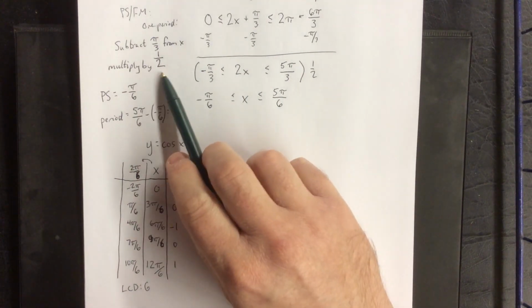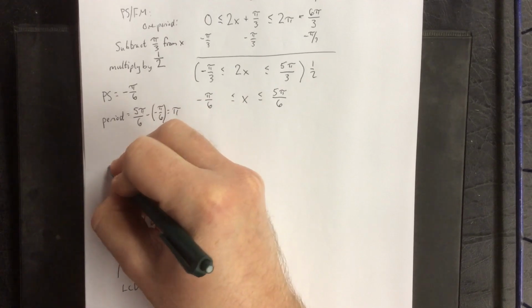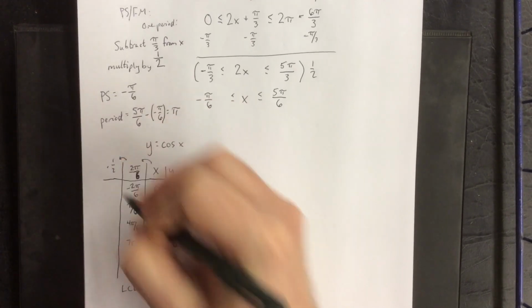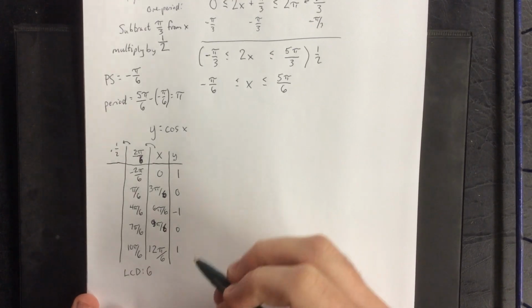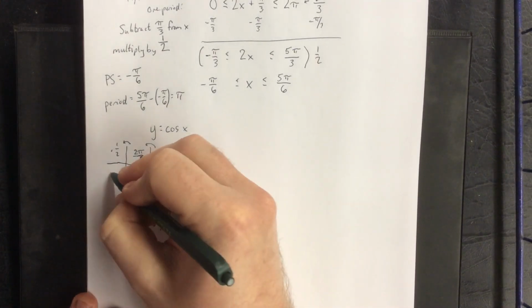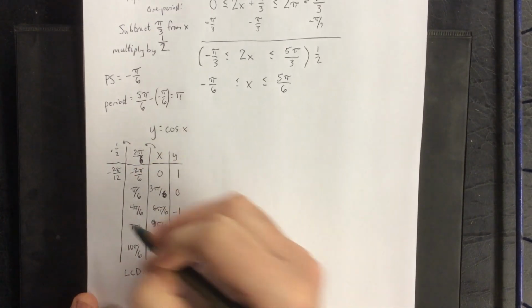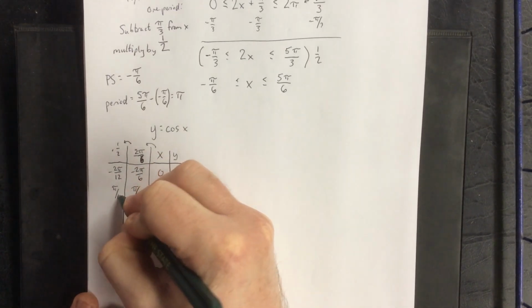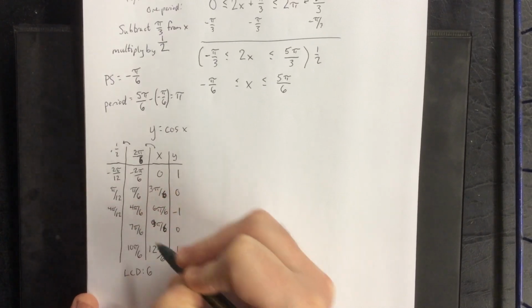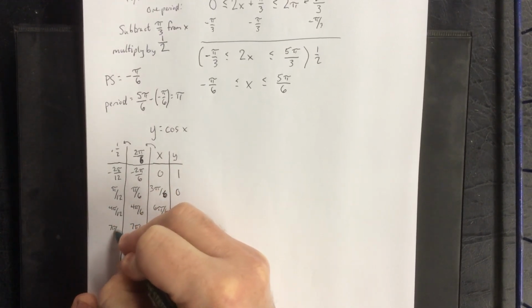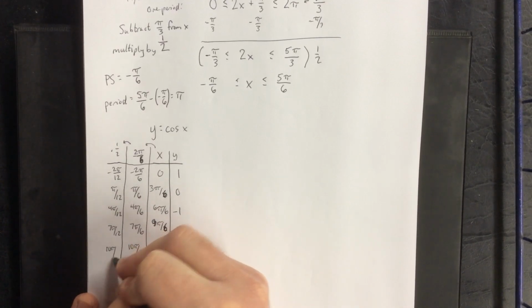Then we're supposed to multiply by 1/2. I'm going to leave the fractions unsimplified as I multiply by 1/2 so that we can figure out what a good x scale will be. So this will be negative 2 pi over 12, pi over 12, 4 pi over 12, 7 pi over 12, and 10 pi over 12.